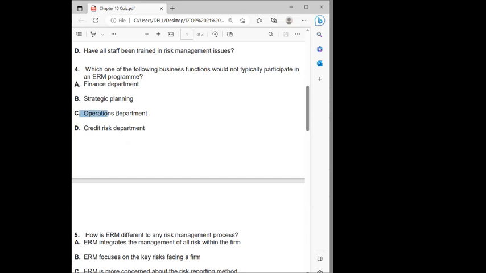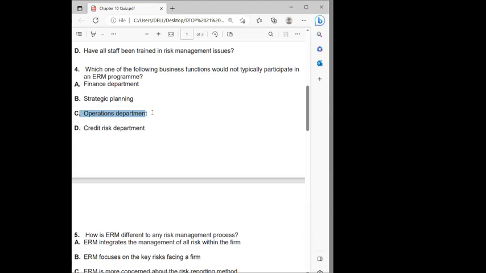The C is not about the operational risk department. It's operations. Right? They will not be involved in risk management programs. They will be involved when implementing. They will have their duty as the first line of defense. But when you talk about the risk management program, it should be the departments that have a link to risk management or responsibility for risk management.